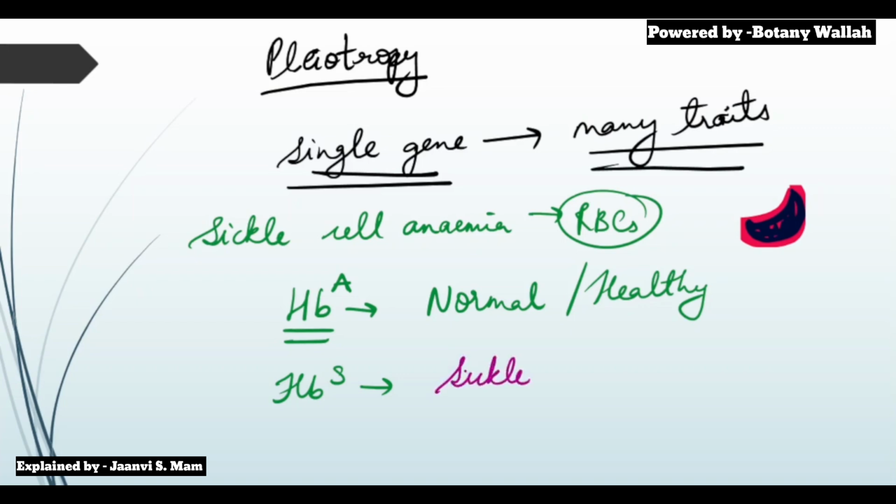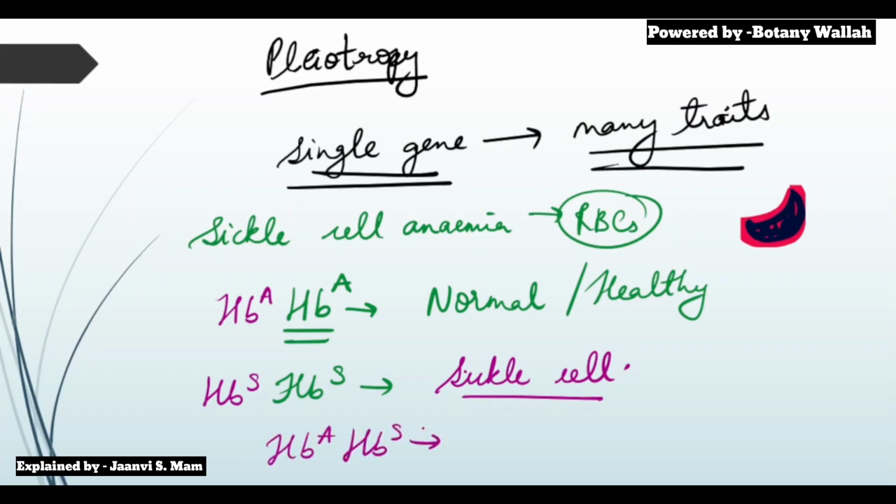So this is for sickle cell, and if it is heterozygous, there will be a sickle cell carrier. Okay, if you take HBA HBA it is normal, if you take HBS HBS, then there will be sickle cell anemia, and HBA HBS will be the sickle cell anemia carrier.